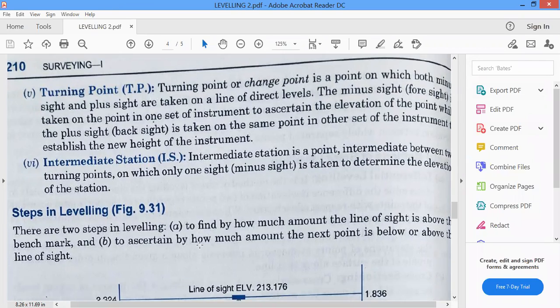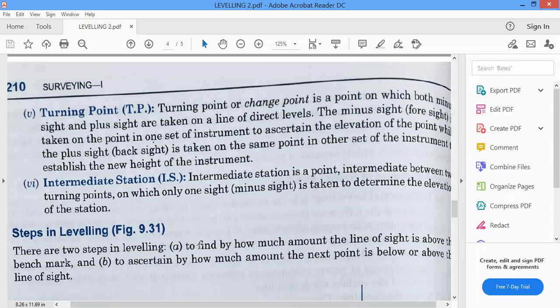Before shifting the instrument, how to take the readings, that I will tell you now. Change point is a point on which both sights are taken, that is backsight and foresight. Before changing the point, the reading which you take on the point is written in foresight, and you have to calculate RL of that point.